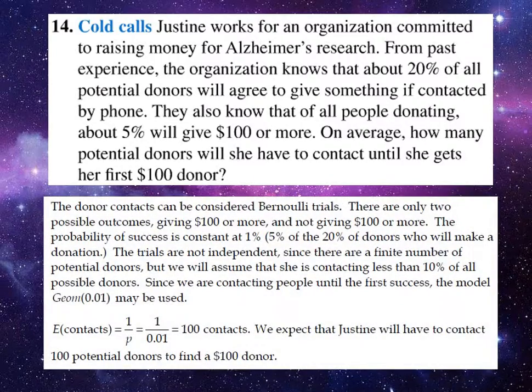So for the context, the way that you phrase this is really important: we expect she will have to contact 100 potential donors to get a $100 donor. That doesn't mean the 100th person is going to be the donor. It just means within that, we should be able to find someone.